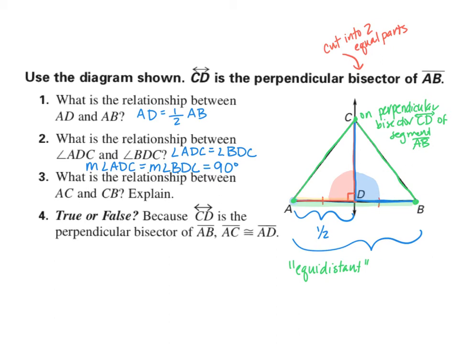And what that means is that the distance from A to C and the distance from B to C are going to be exactly the same. So the relationship between AC and CB is that AC equals BC.